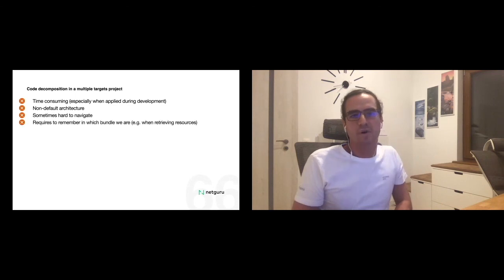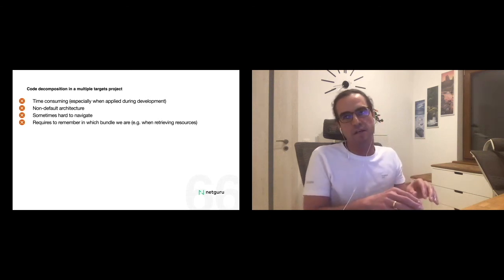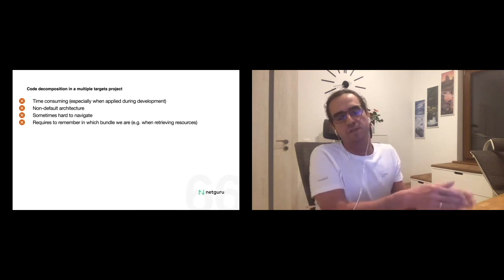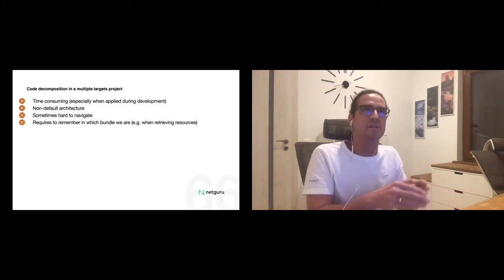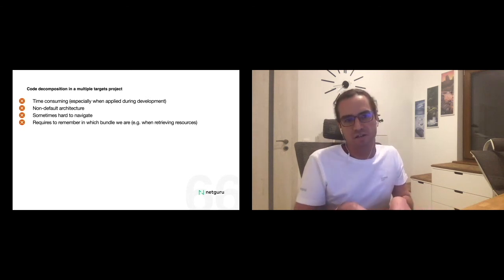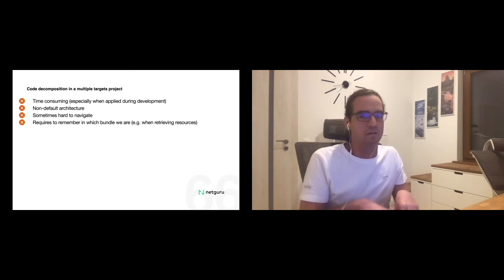It also requires remembering in which bundle we are, because by default, having only one target, we are in the main bundle, and every SDK method from Apple assumes that you are in the main bundle.